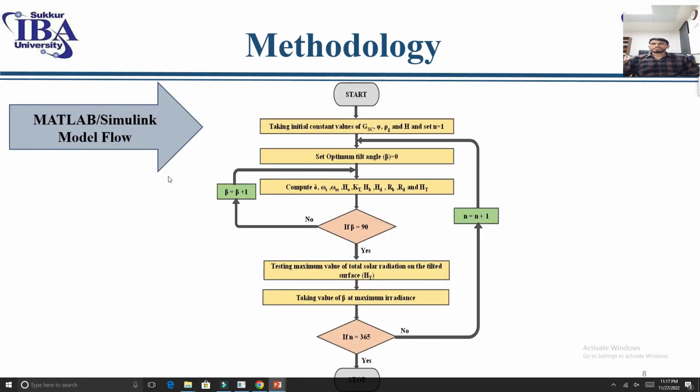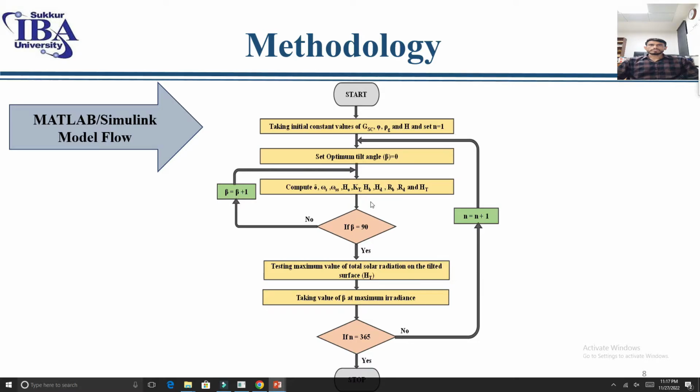So this is the MATLAB Simulink flow chart, showing how our MATLAB Simulink will calculate these things, where GSC, phi, rho g, and H are set in value to 1. These are the constants. Then we will set the beta value to 0 and calculate all these parameters: delta, omega s, H naught, KT, HB, HD, RB, RD and HT.